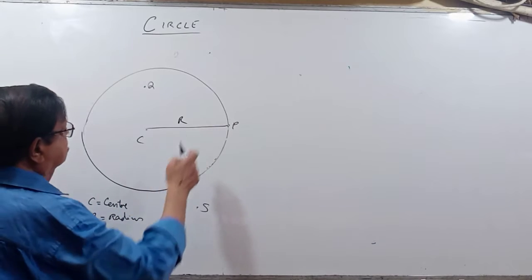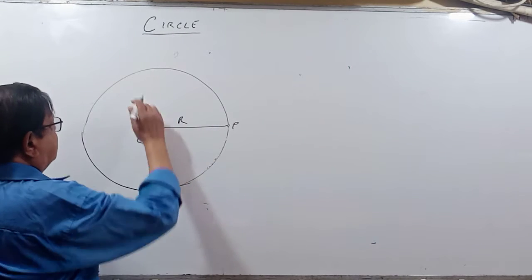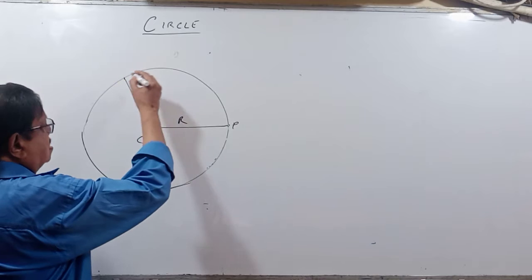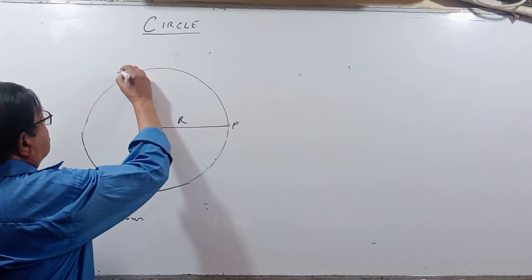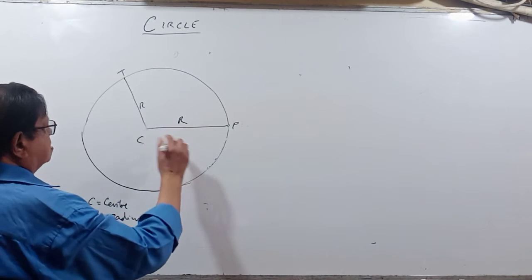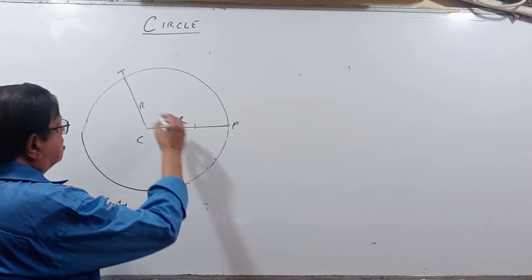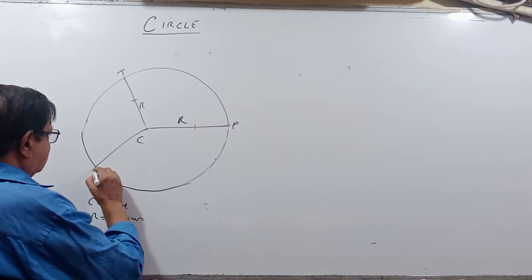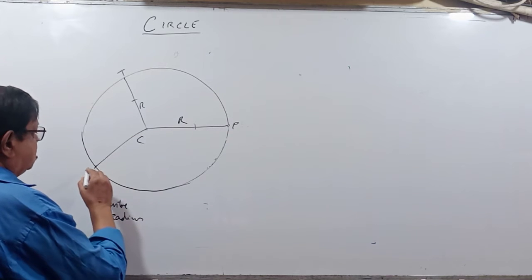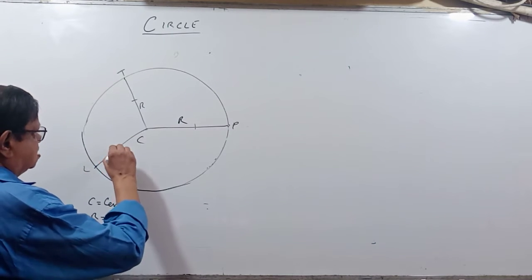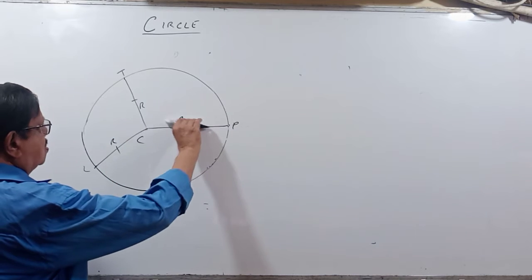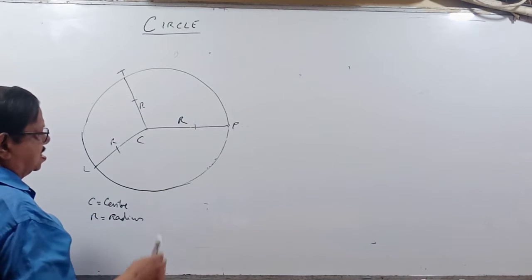Now R is the radius. If I take another point here, let us say P, this is also a radius. Radii of the same circle are always equal. This is equal to this. If I have another point here, T, L, this is also a radius. All radii are congruent.